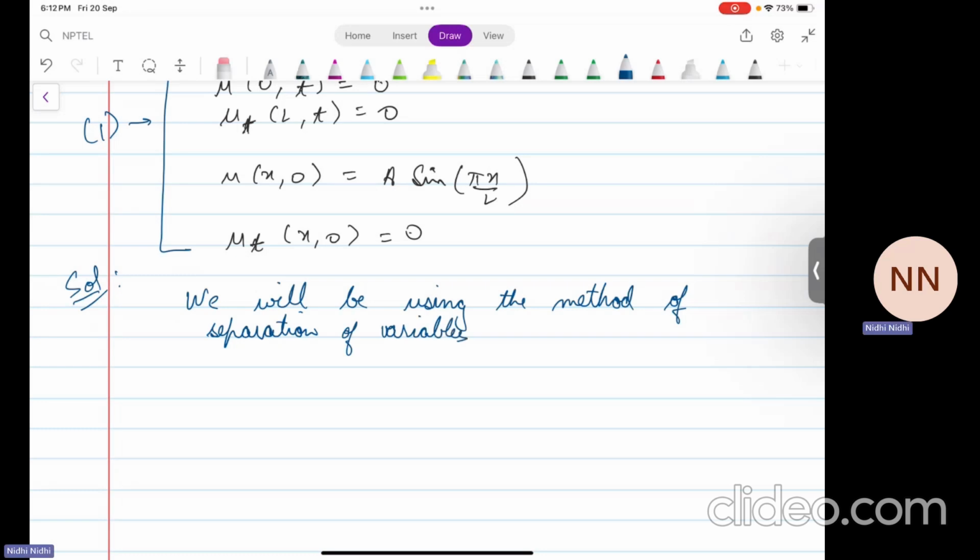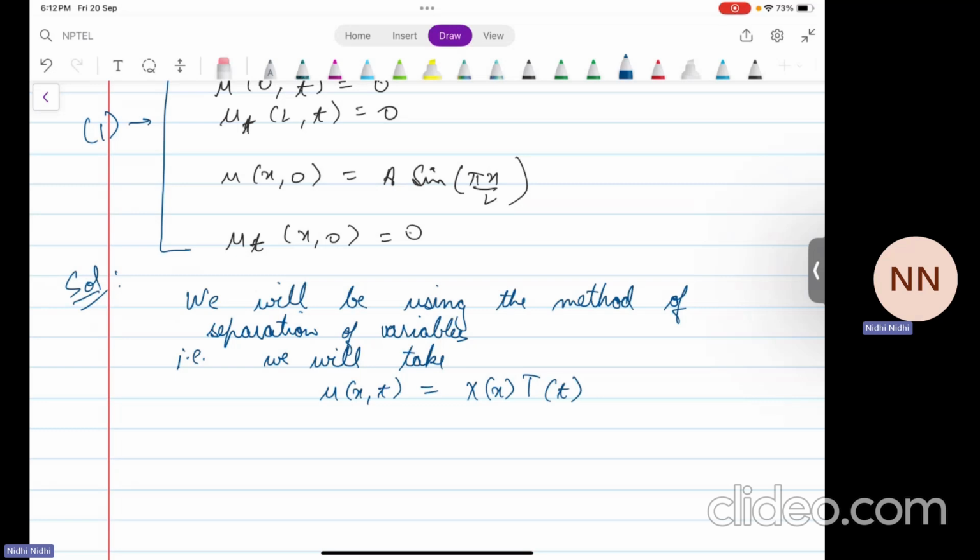That means we will assume, that is, we will take u(x,t) as the product of some functions X and T, where X depends completely on x and T depends completely on t, so that we can make the problem into separation of variables type.